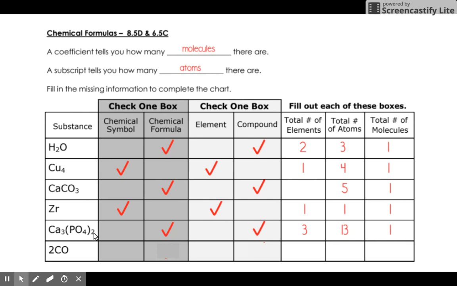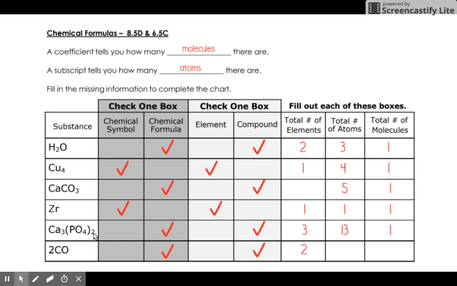Last but not least, we have a chemical formula of 2CNO. It is a compound because it's 2 elements put together. There's a total of 2 elements.